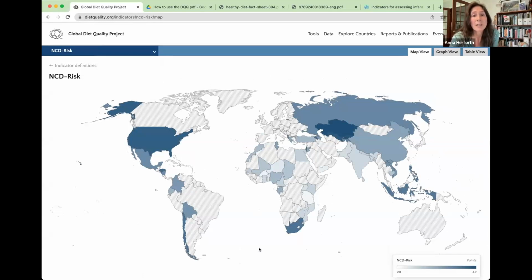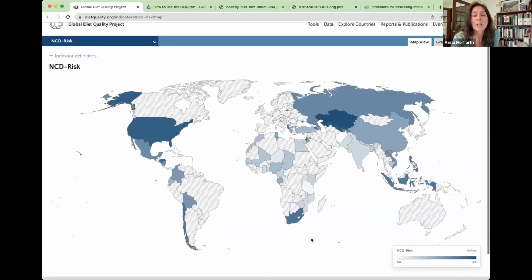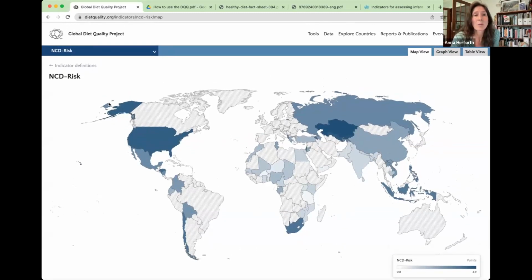And we can see here that the highest NCD risk factors from diets are showing up in North America, Central Asia, Chile, South Africa, which have some of the highest number of these food groups related to risk.